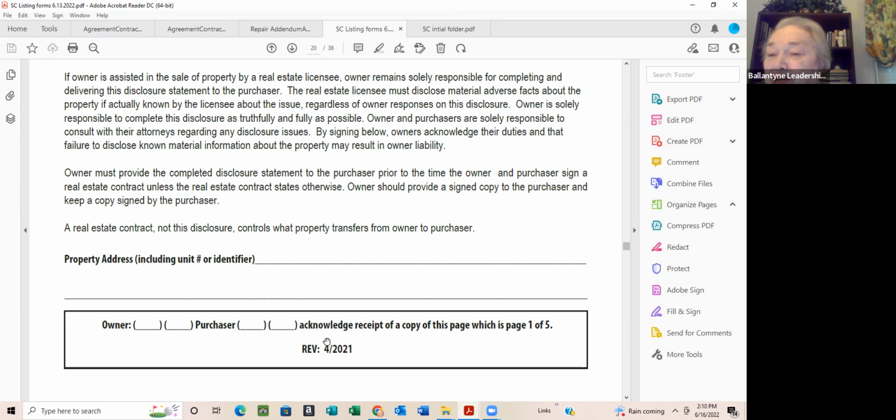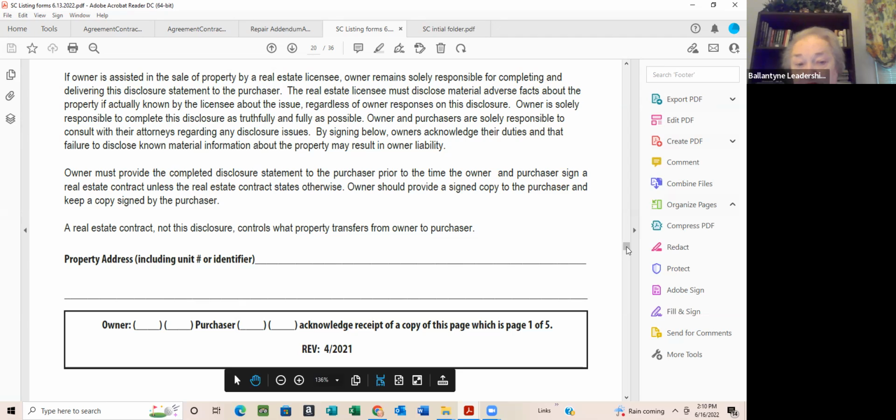And one of the most common questions I get is, is this really the current form when it was done in 2017? Yes, it really is. So just know that the copyright dates or the revision dates might not be what you would think is current. This one just happens to be a pretty good one.